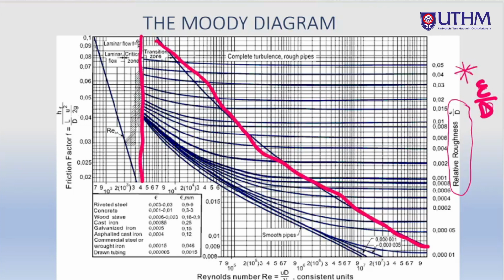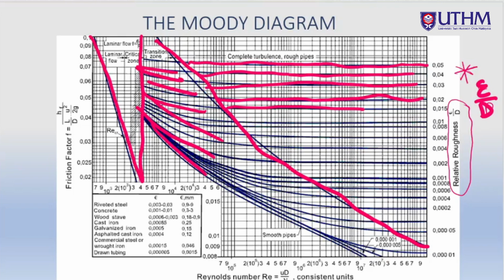Kan? Laminar dia satu je line. Complete turbulence dia banyak line, depends on relative roughness, tapi value dia constant. Kan? Belah kanan ni. It depends on material lah. Okay. However, dekat transition sahaja yang dia ada berbeza-beza. Depends on Reynolds number. Reynolds number kat bahagian bawah ni. Kan?